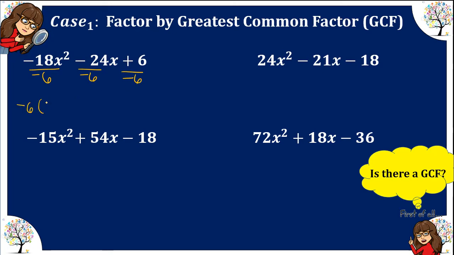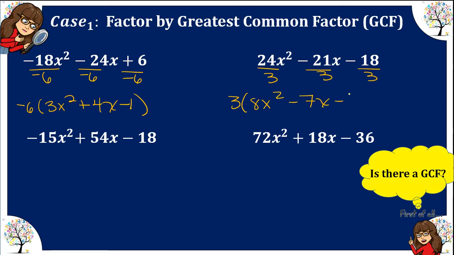We're left with positive 3x squared plus 4x minus 1. Our next problem, the greatest common factor is going to be 3. I factor out the 3, and we're left with 8x squared minus 7x minus 6.